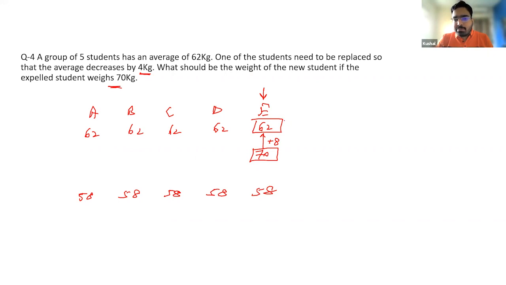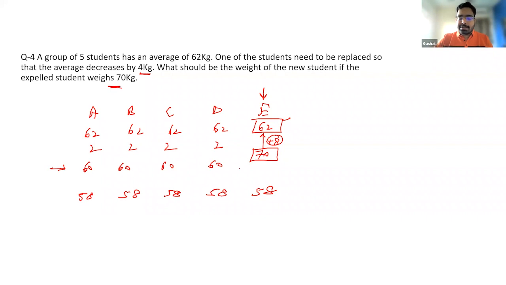E will bring himself back to 62 and this 8, E will distribute to each one of them, right? If 8 has to be equally distributed between 4 of them, each one of them would have got 2 kgs from E. That means if I forget E, the average of A, B, C, and D must be 60, because they were getting 2 kgs from E, right? So their own average should be 60.